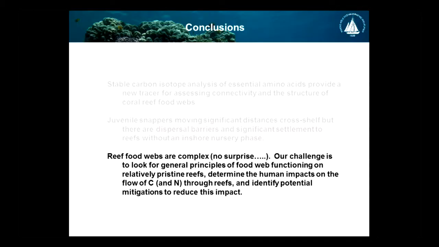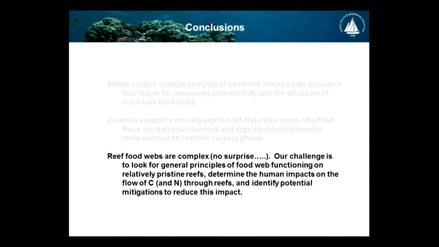And I think reef food webs are complex. I don't think that's of any surprise to anyone. And I think for us, our challenge is actually to see if there are any general principles for food web functioning. We're starting primarily at the moment by looking at relatively pristine reefs, going to reefs where we still have a full suite of apex predators, for instance, and trying to quantify the food web structure using this approach.